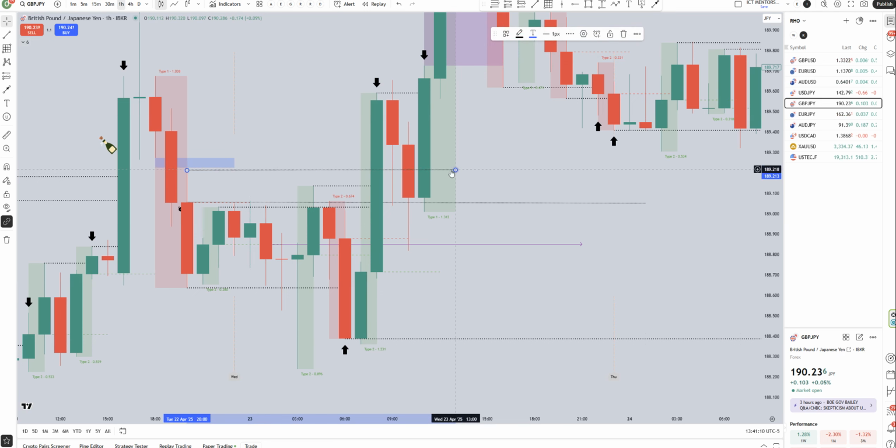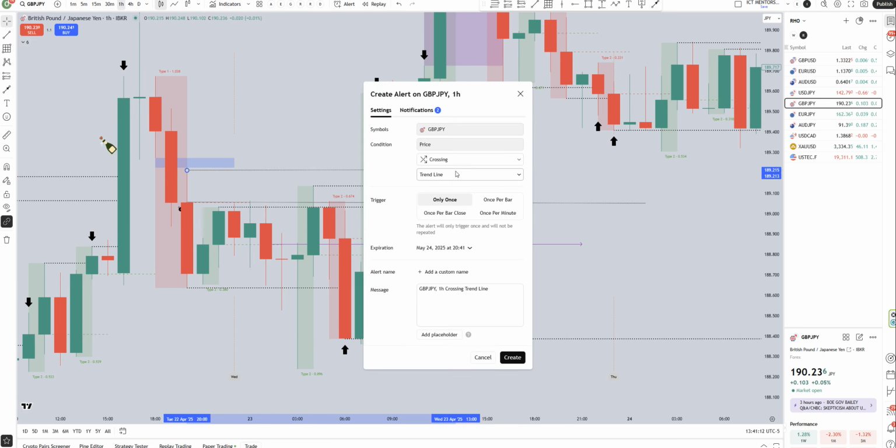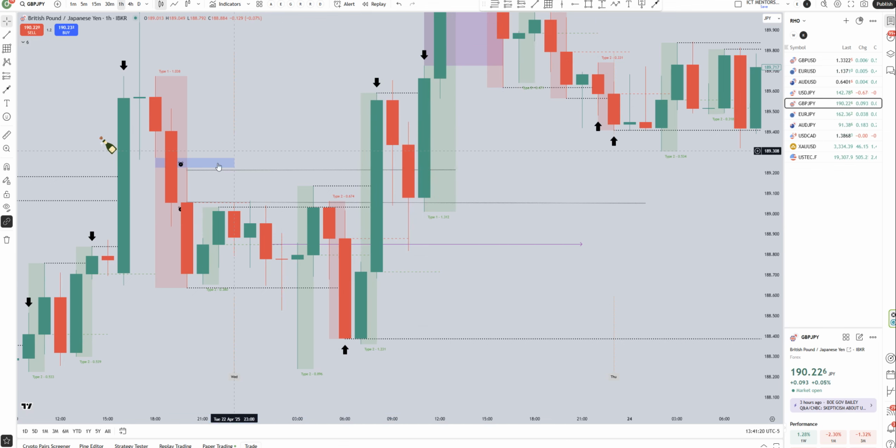I'll put an alert there, and on this one, I'll set it to cross up once per bar close. Even if it's a week, allow me, because I like a close above this and a week minimum, so this is valid. I like the barricade, which is the top of the OB, to be CSD.